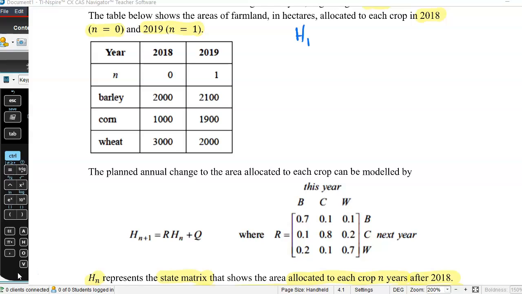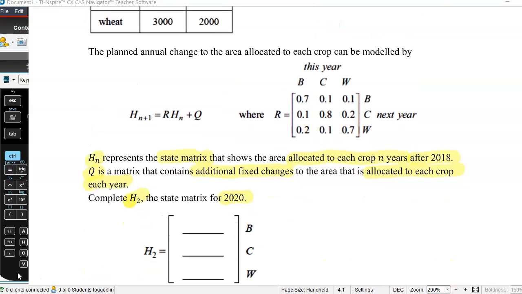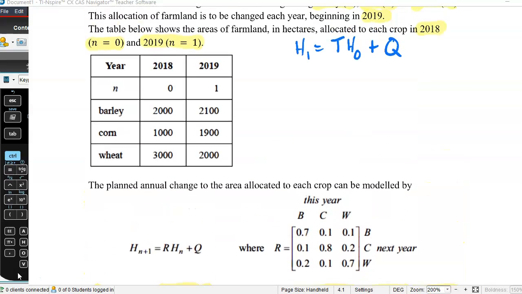So we know H1 equals our transition matrix times H0 plus Q. So we know that, we know that, we know that. So with these three known, we can work out that one. And once we know that one, I can then go from H1 to H2 as needed.